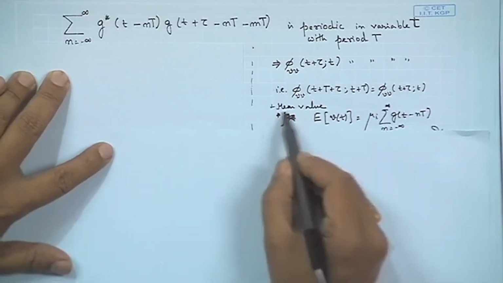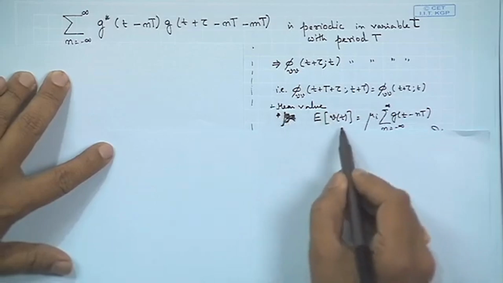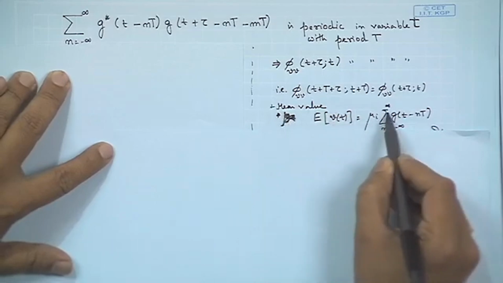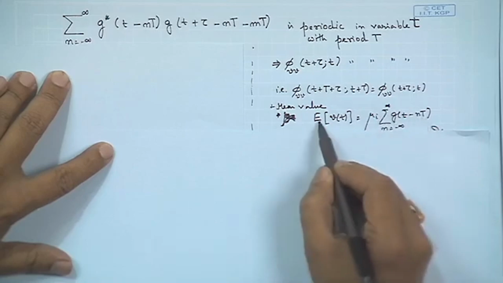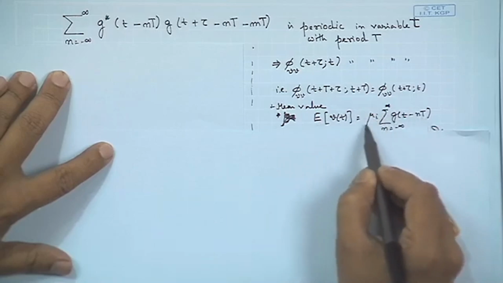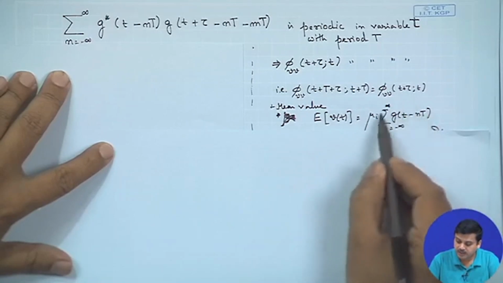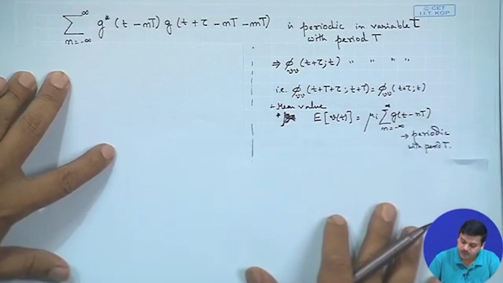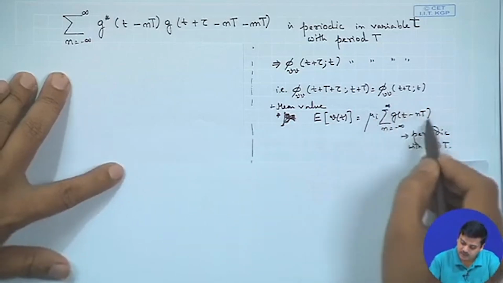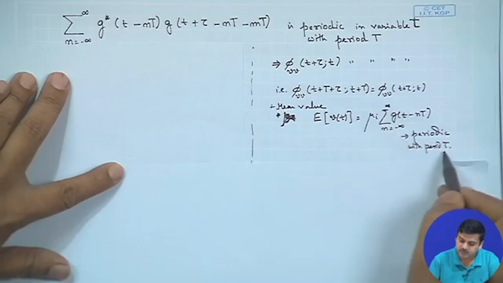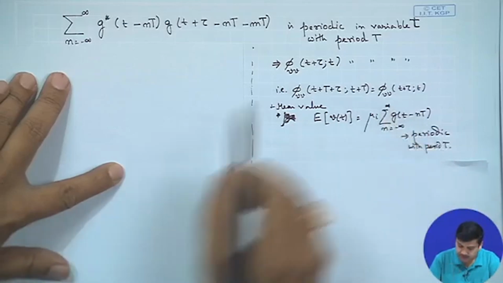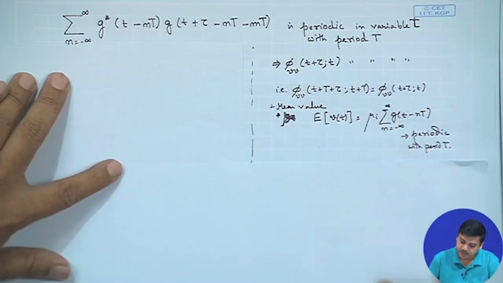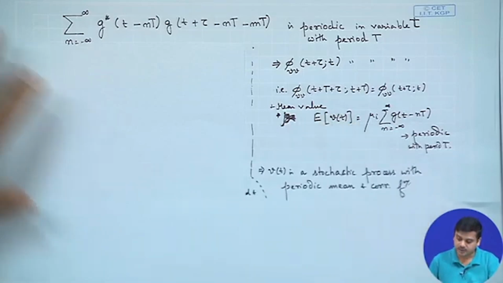And of course, the mean value would be, if you see, v of t was equal to I_n g(t). Now, the expectation of I_n was mu_I, we had already pointed out, and you have this, and again this thing is periodic with t. So, that clearly shows that the mean is also periodic with t, right.